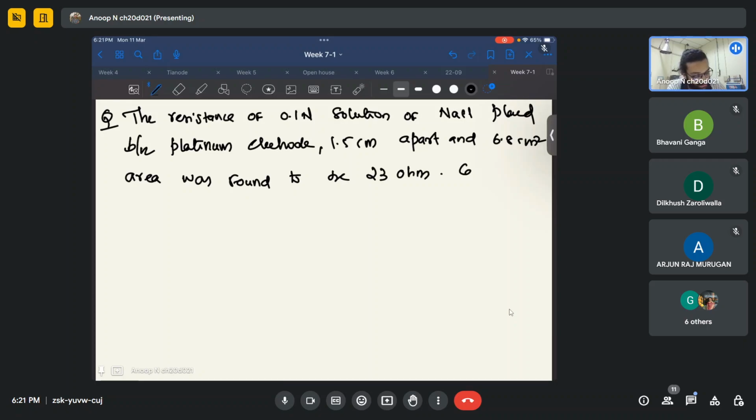Calculate the equivalent conductance. Can you solve this and tell me the answer?